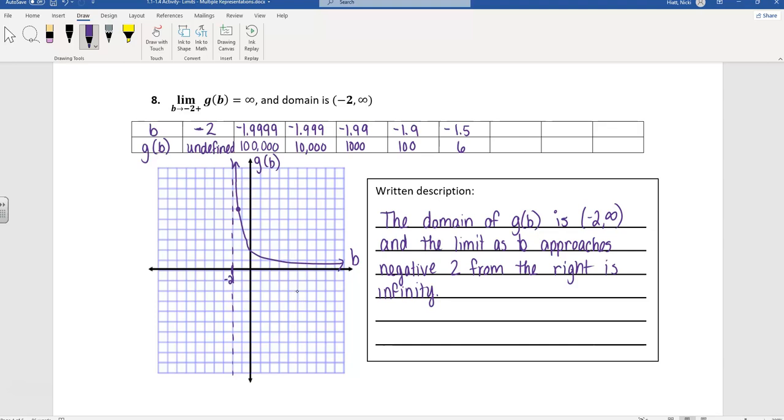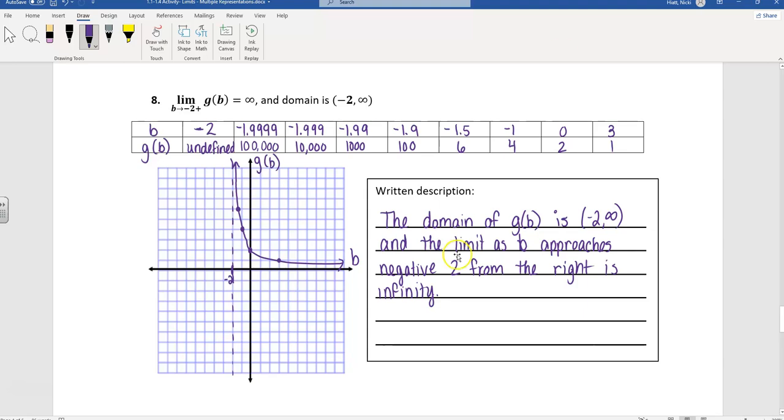So if I did negative 1, what should I use? At negative 1, my graph's about 4. If I did 0, I would use 2. And then maybe 3, 1. I picked that one because it is pretty close to grid lines on what I've drawn.